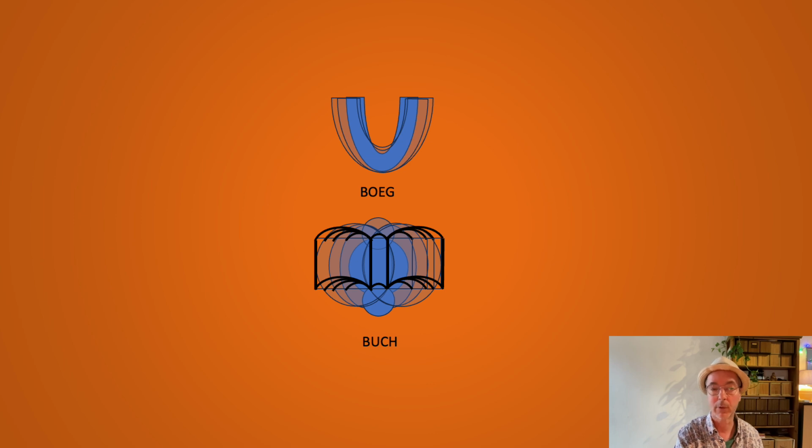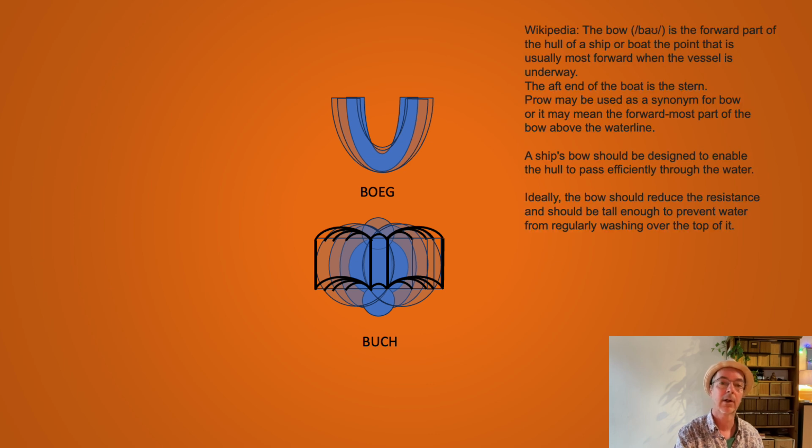And if you look up the word BOEG, the bow, you see it's part of a ship, usually the point most forward when the vessel is on the way. It's the forwardmost part of the bow above the waterline, and the ship's bow should be designed to enable it to pass efficiently through the water.